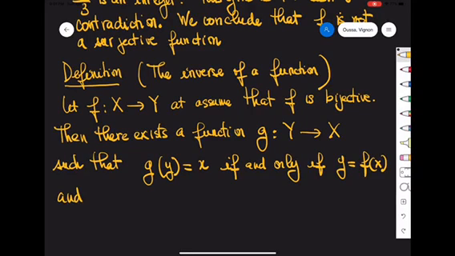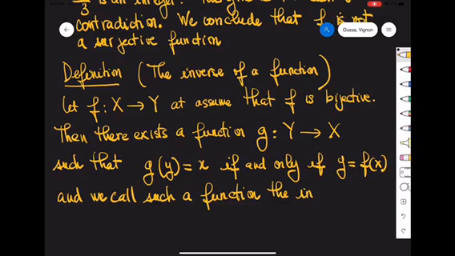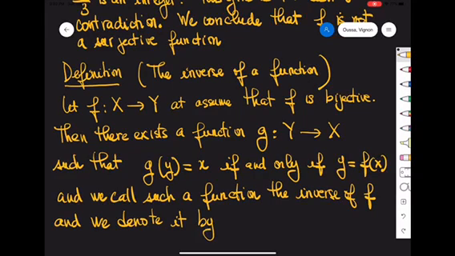And we call such a function the inverse of little f, and we denote it by f inverse.